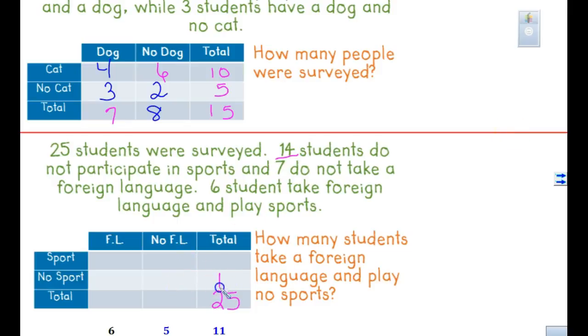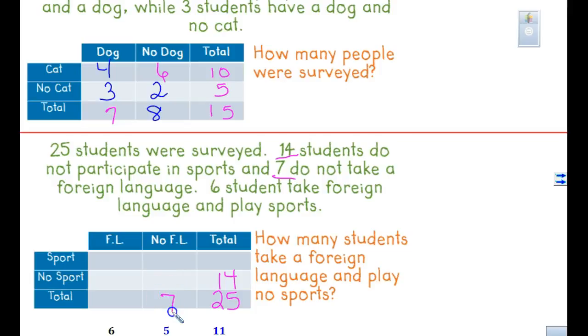Total knows 14. Where am I putting the 7 down as I look at that one, Devin? The no foreign language and no sports. So here, or here? Middle. The middle one. 7 do not take a foreign language.